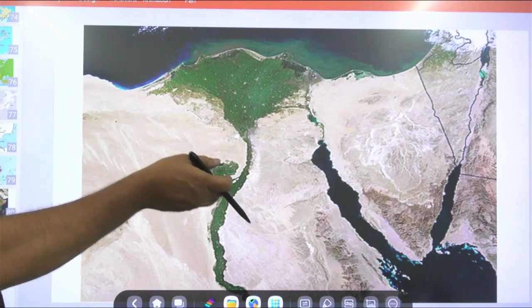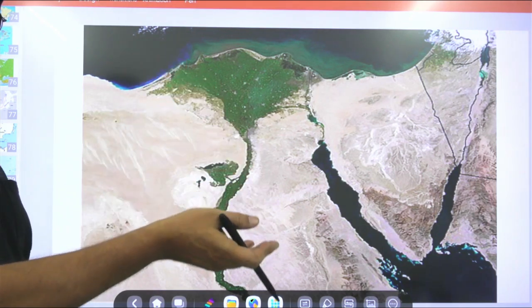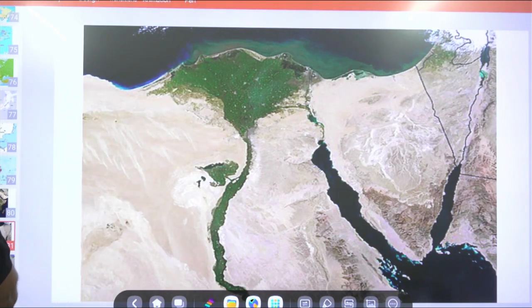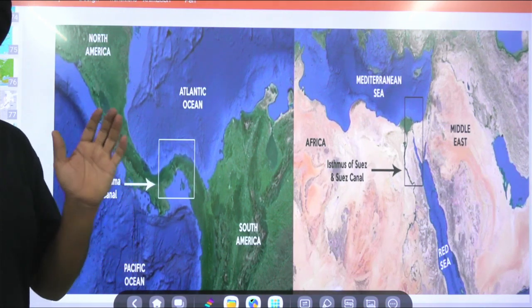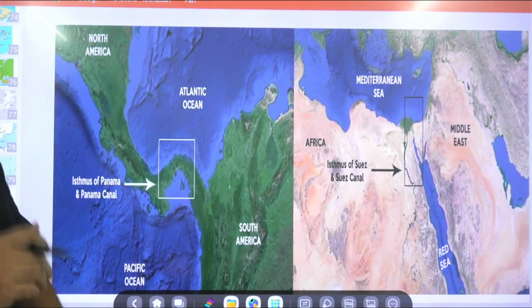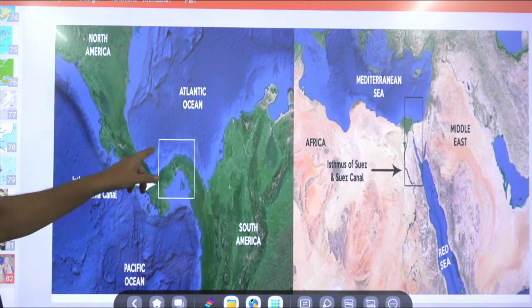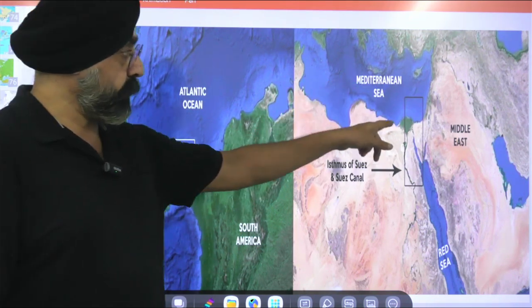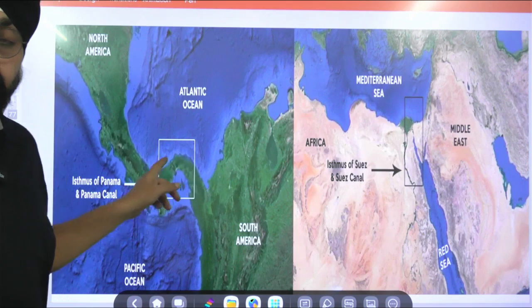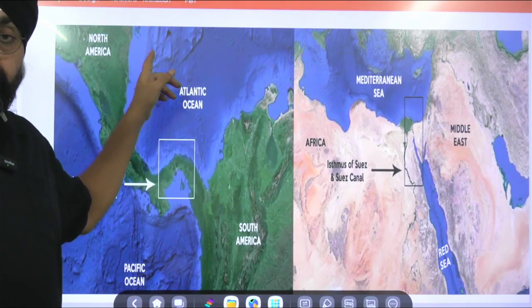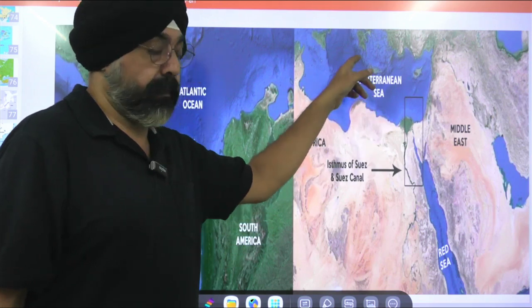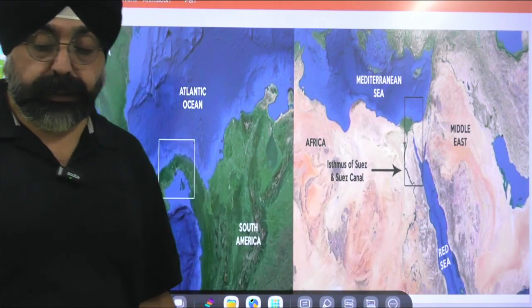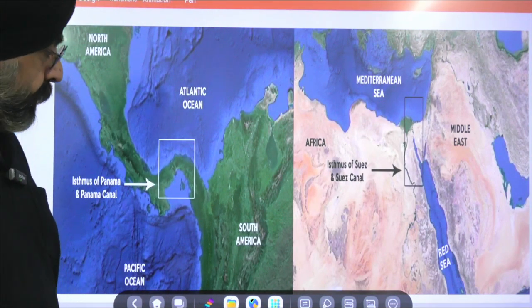And this Suez Canal is the lifeline of the Commonwealth nations. Very closely, two important canals of the world developed on isthmuses. This is the Panama Isthmus, Panama Canal; Suez Isthmus, Suez Canal. The Panama Canal connects the Atlantic and the Pacific, and the Suez Canal connects the Mediterranean Sea with the Red Sea.